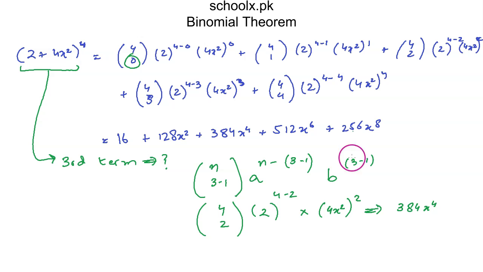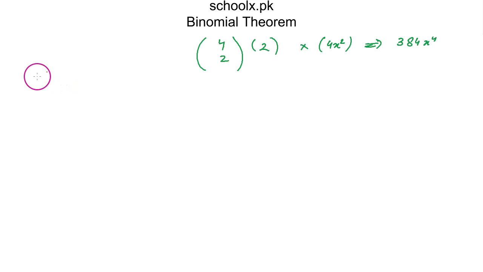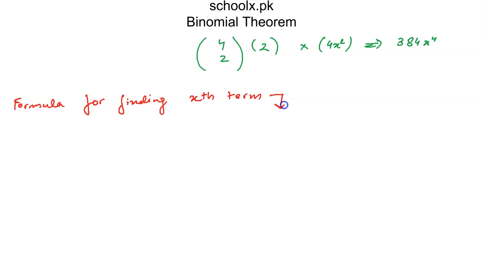So the formula for finding the xth term is nC(x-1) into a^(n-(x-1)) into b^(x-1), where n is the power of the expression.